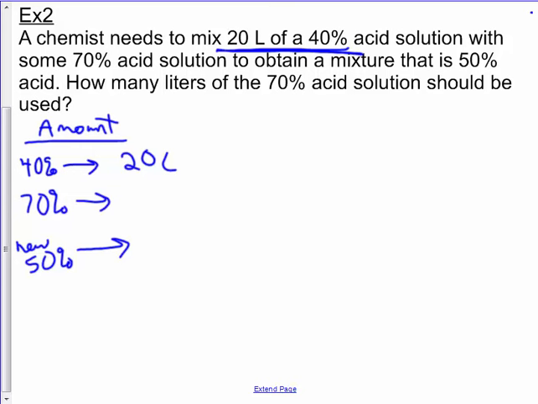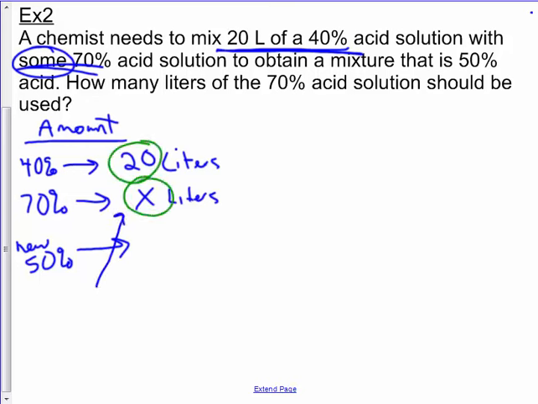I have some 70%. Doesn't tell me how much. So that's going to be my X. That's what I'm going to end up trying to figure out. Now the difficult one is the next one here. How much of the new solution do I have? What's the amount? Well, if I put 20 liters plus X liters in, the new solution is 20 plus X.